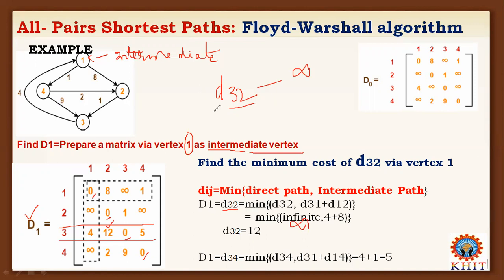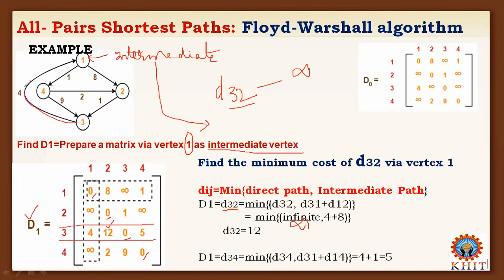And through an intermediate vertex we will try it. There is no direct path from 3 to 2, but there is a path from 3 to 2 through intermediate vertex 1.